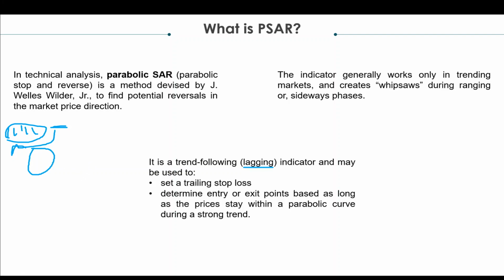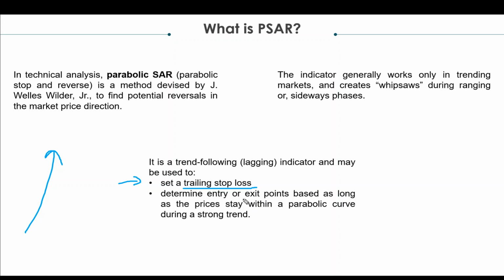All right, and then we can say that the indicator has these main functions. First of all, we can identify the direction if we use it on multiple time frames. Then we can use it as a trailing stop. Okay, and you're going to understand what I mean by trailing stop in a few minutes.